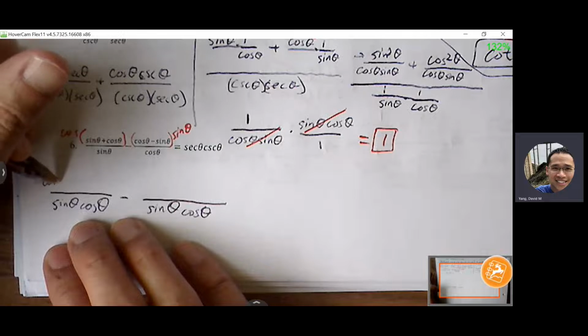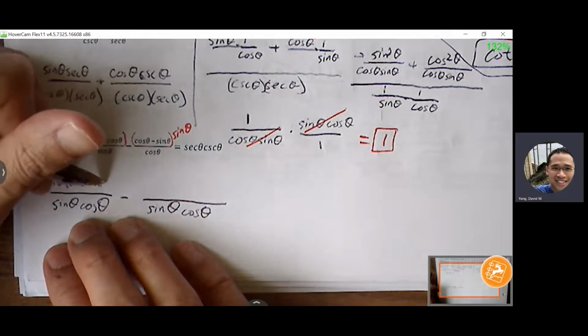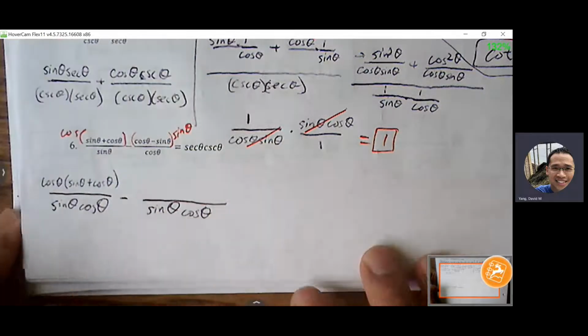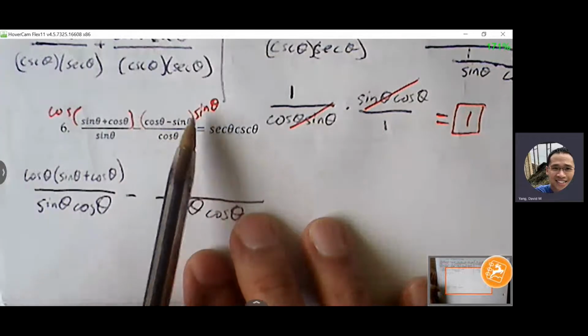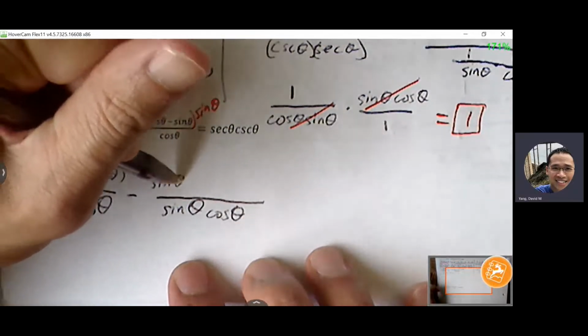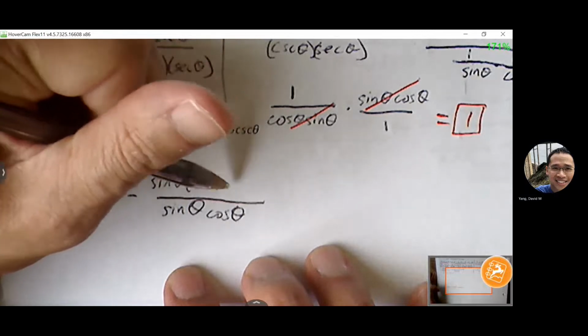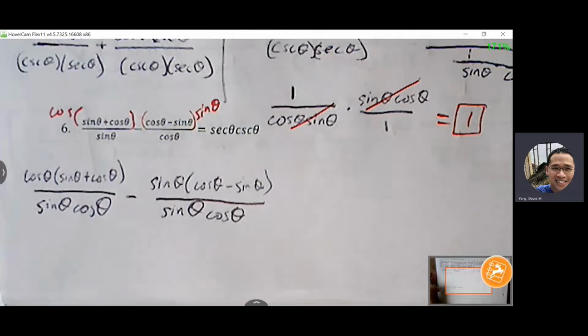We have cosine of theta times sine plus cosine. And then I'll pull the sine in front here, and I'll say sine theta. Okay, but at least I have a common denominator, so I can push all this under one fraction.